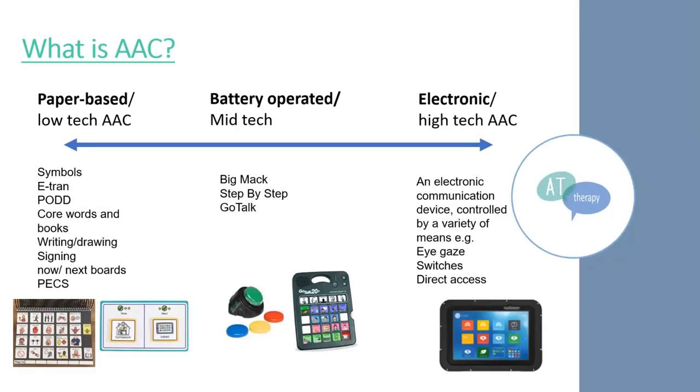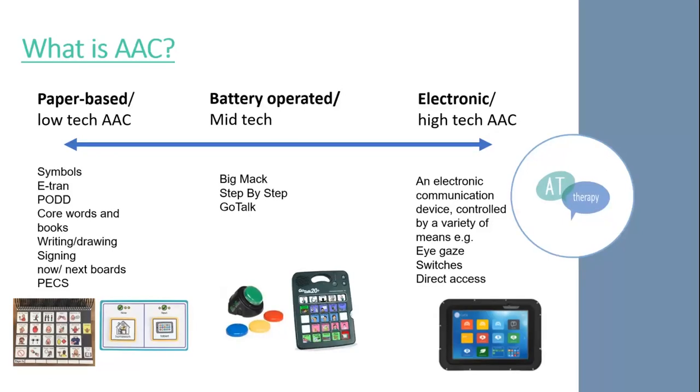Writing and drawing is another form of AAC. Of course, we've got signing as well, so things like Makaton or Sign Along. And thinking about using our symbols on now and next boards as well, or as part of a PECS system.